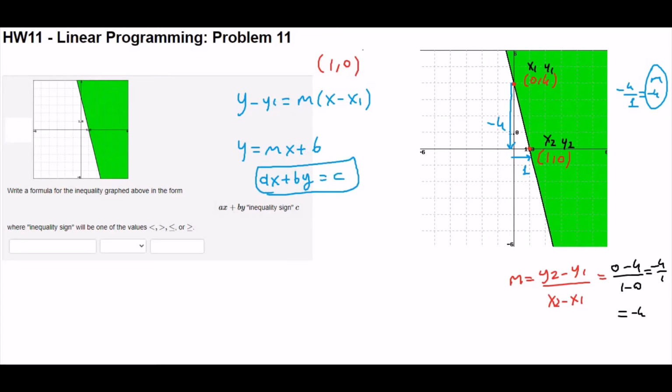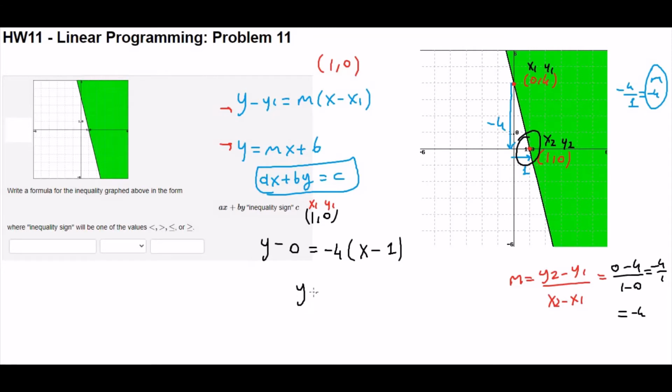First we're going to plug in one of these forms and then convert it into standard form of the linear equations. Let's pick this point (1, 0). Here this is our x1, this is our y1. So our y1 is 0, y minus 0 equals m, which is negative 4, we found, times x minus x1, which is 1.